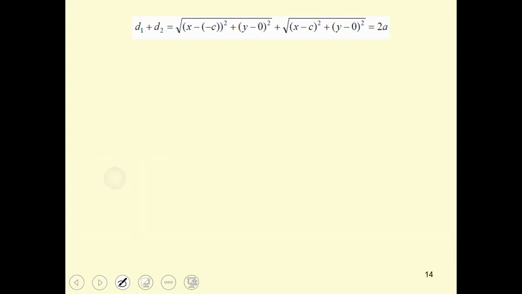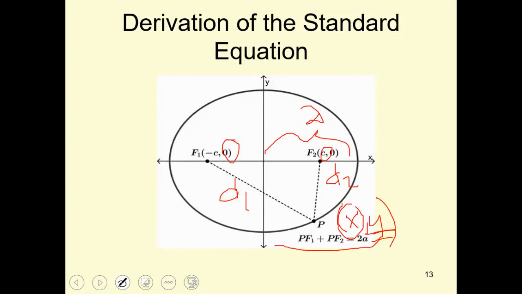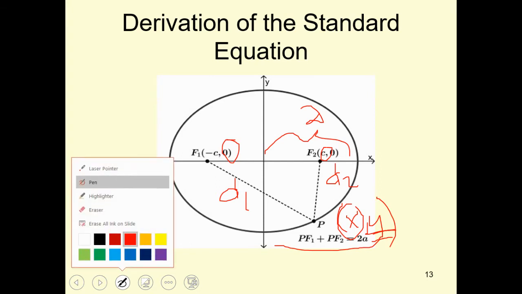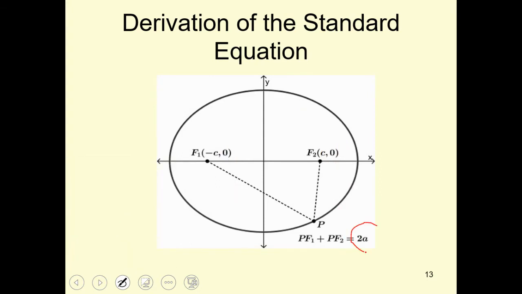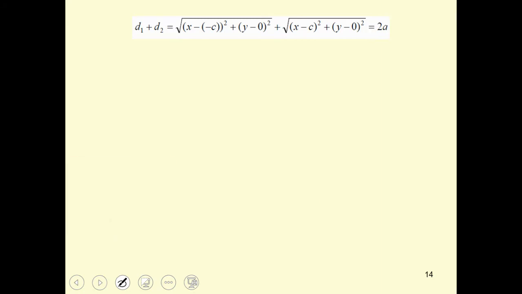Okay? Next step. Those two distances is equal to 2a, di ba? Si PF1 ug PF2 kini nga distance is equal to 2a. Okay? So we have the next step.